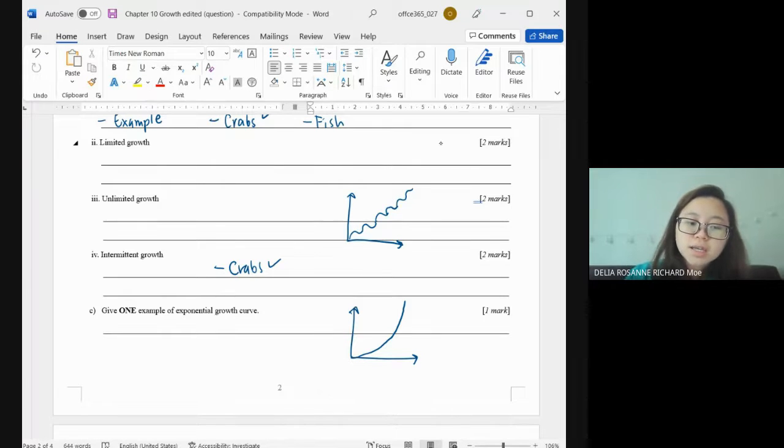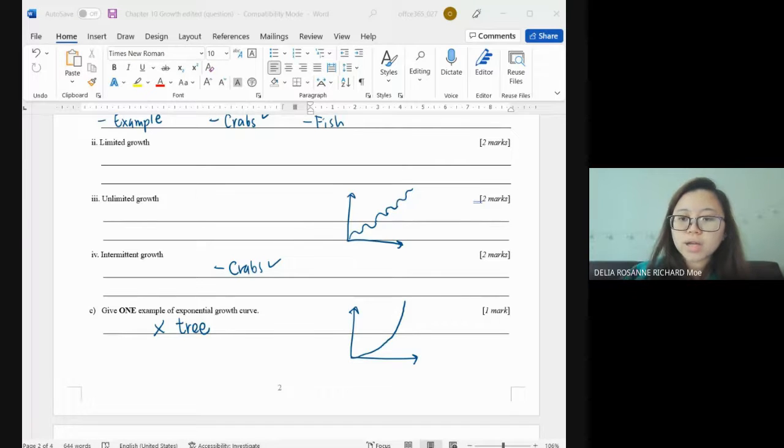Exponential is dia ada lag phase terus dia naik saja. So this one, you cannot use 3. You have to use something else. And there's actually only one answer.